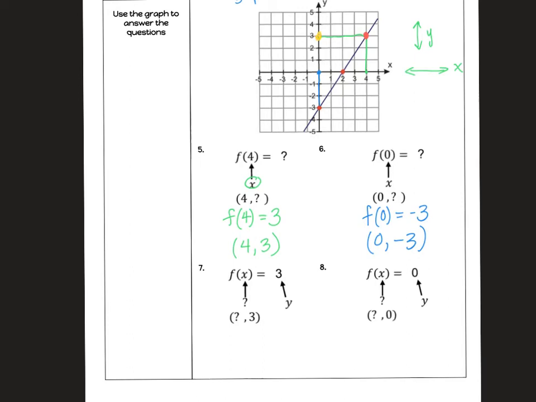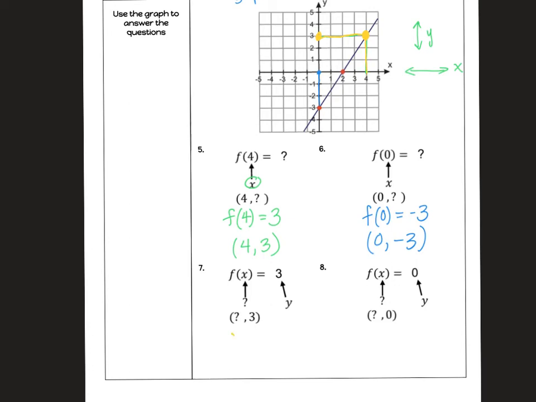Now I need to move either left or right according to my function. It looks like my function is over to the right. So I'm going to move to the right, and in yellow, I'm going to circle that point on the line, and it looks like x is 4, positive 4.